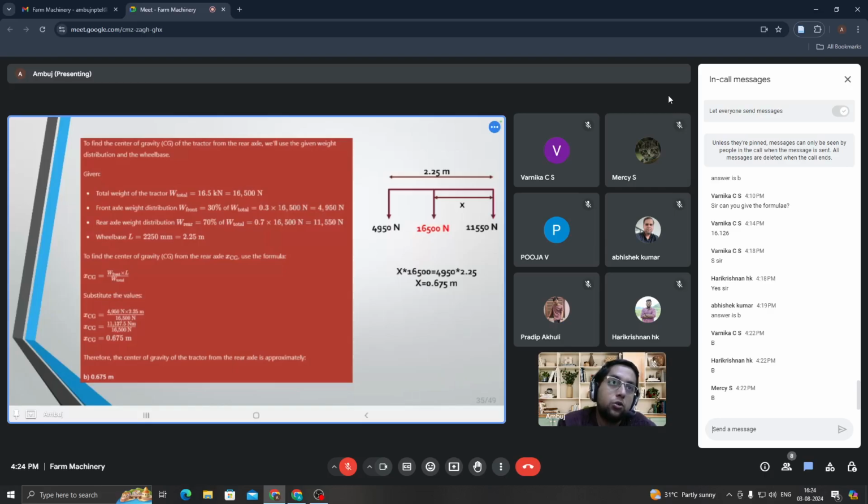So just try to balance these moments: x into 16500 equal to 4950 multiplied by 2.25. Just balancing the weights, then I'll get the distance as 0.675 meters.